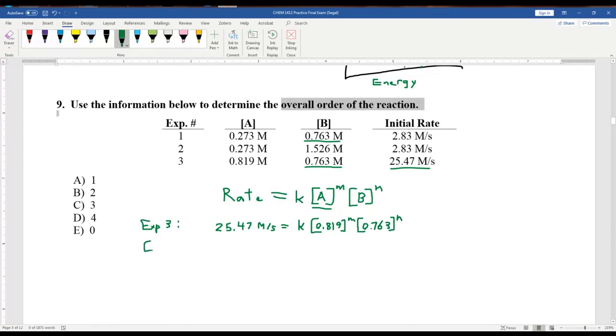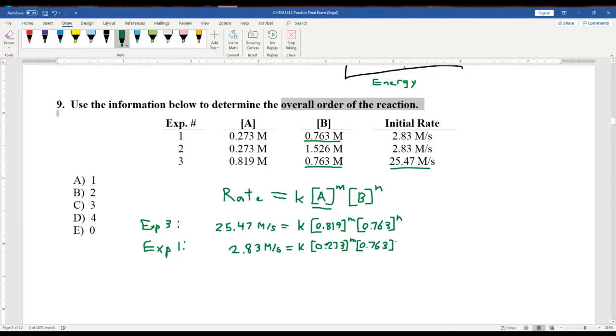And then I'm going to set up a rate expression for experiment 1. For experiment 1, the rate is 2.83 molarity per second, equal to k, the rate constant, times the concentration of A for experiment 1, which is 0.273, to the m, times the concentration of B, which is 0.763, to the n.